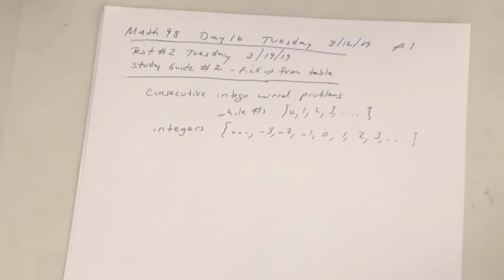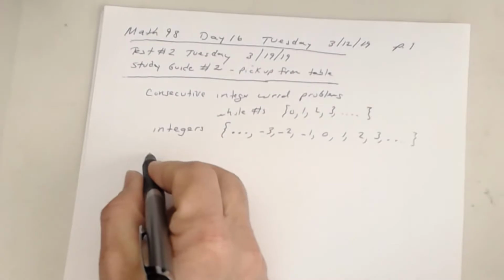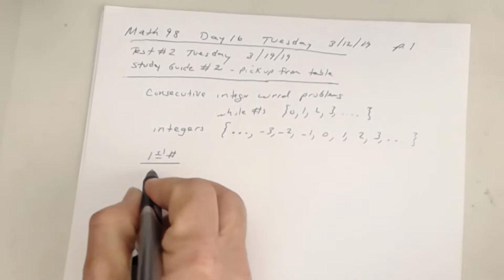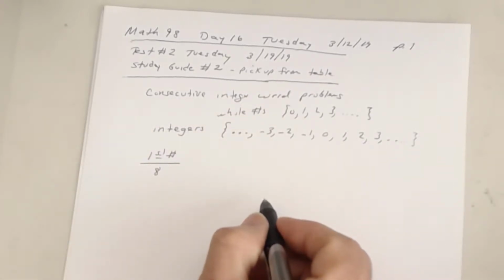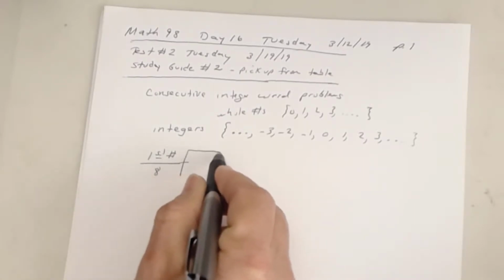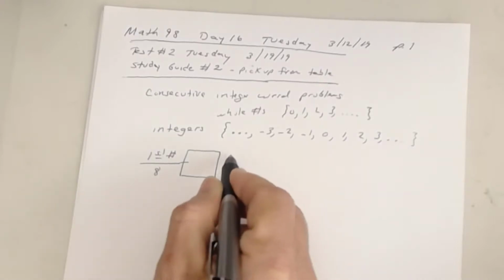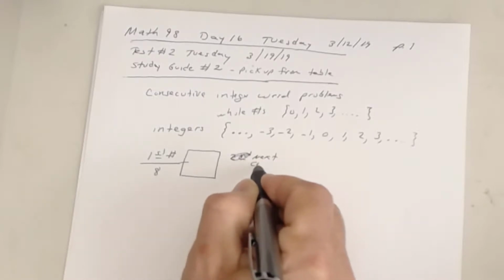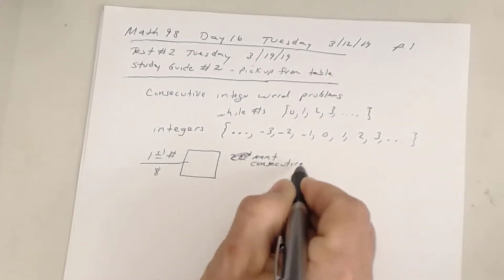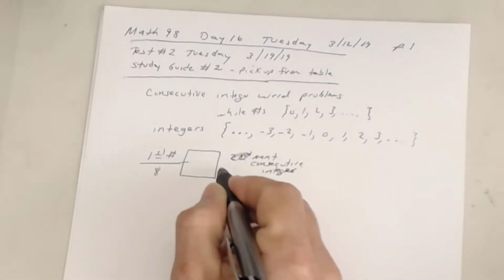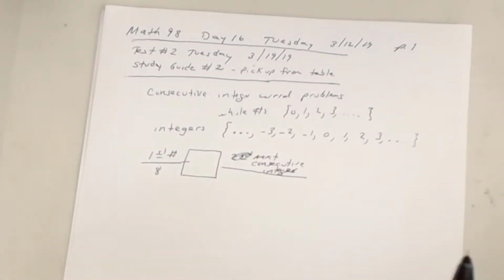Okay, so if my first number is, let's say, 8, I'm going to leave a space here. I'm going to call this the next consecutive integer. So if my first number is 8, what is the next integer? 9.